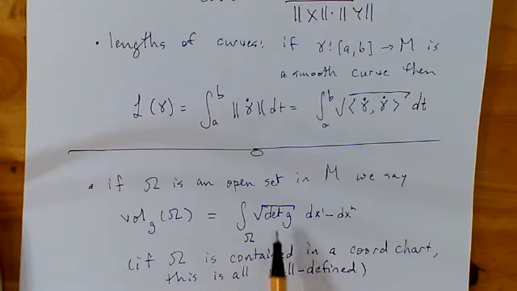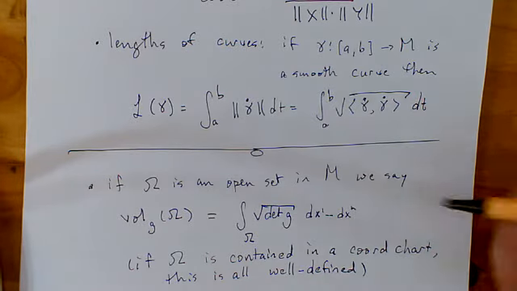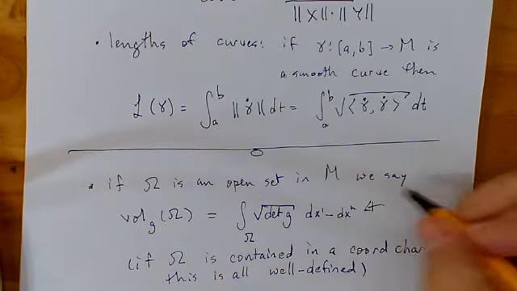I choose my coordinates. I have now a smoothly varying family of n by n symmetric positive definite matrices. I can take the determinants of that and then take a square root. There's not really much to say.